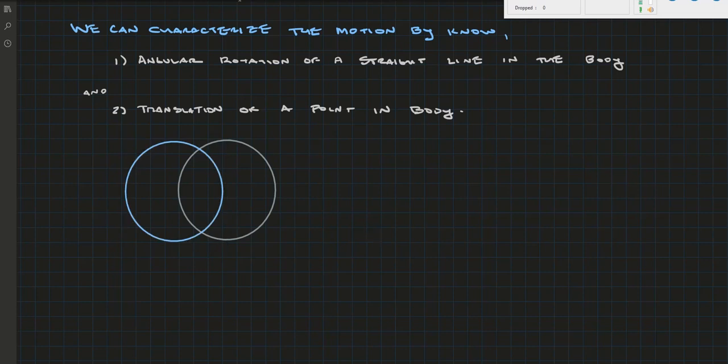We can characterize the angular rotation. So here's our CG point, let's just call it G, and here's the point over here at G prime.